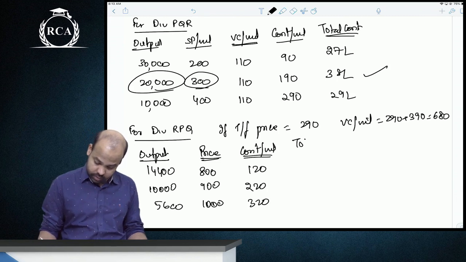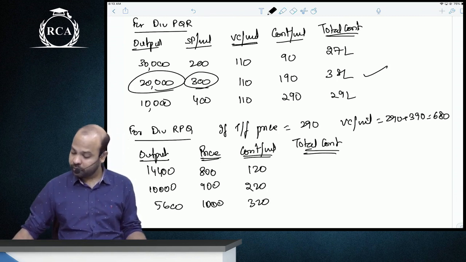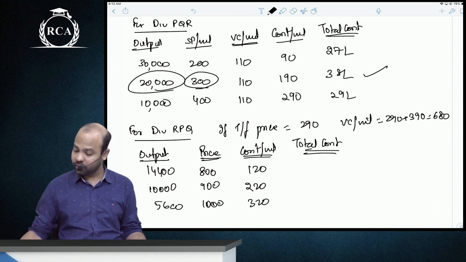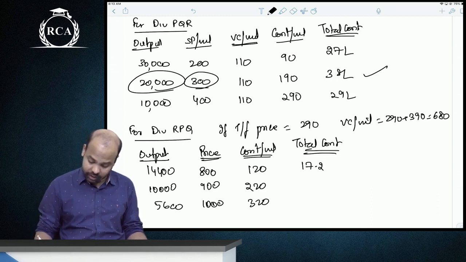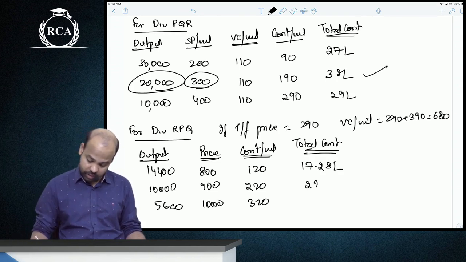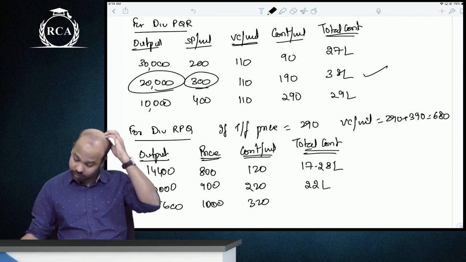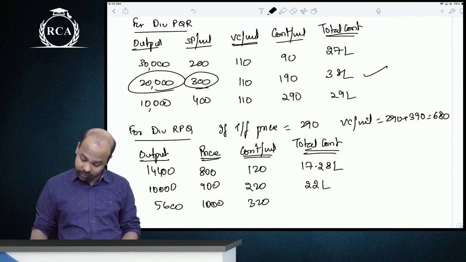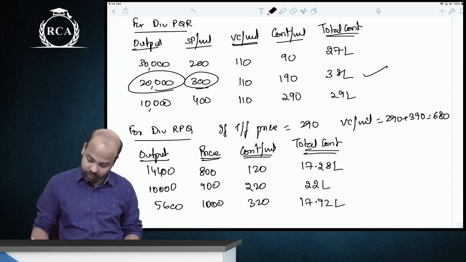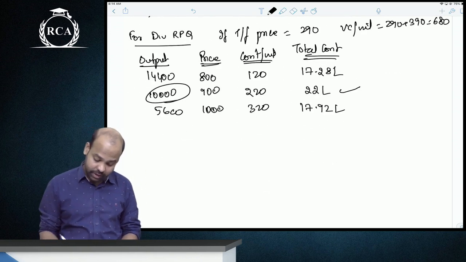Total contribution, guys: 14,400 into 120 is 17 lakhs 28,000. 10,000 into 220 is 22 lakhs. 5,600 into 320 is 17 lakhs 92,000. So undoubtedly they will sell only 10,000 units if the transfer price is 290.